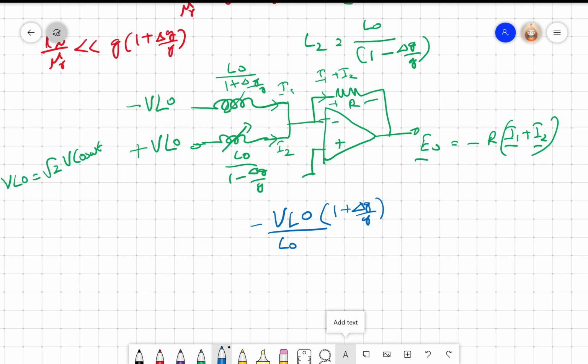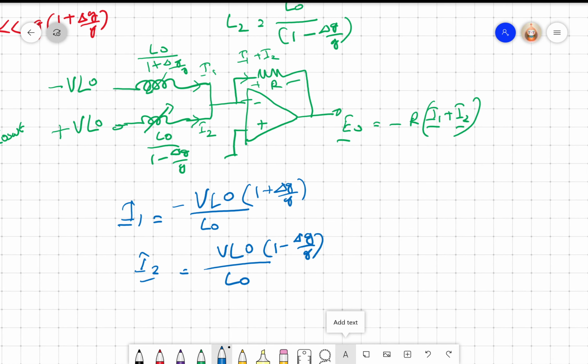Now I2 is plus V angle 0 divided by L naught divided by 1 minus delta G by G, which will go to the numerator.